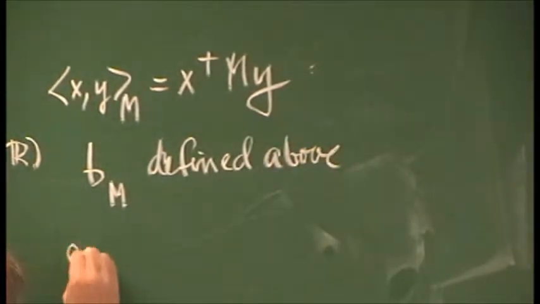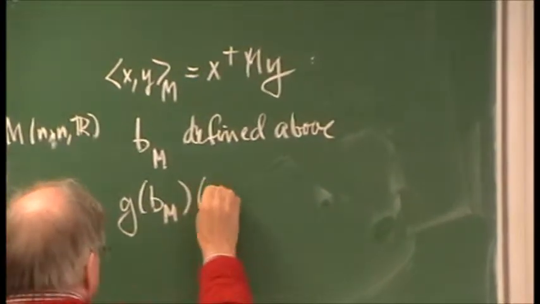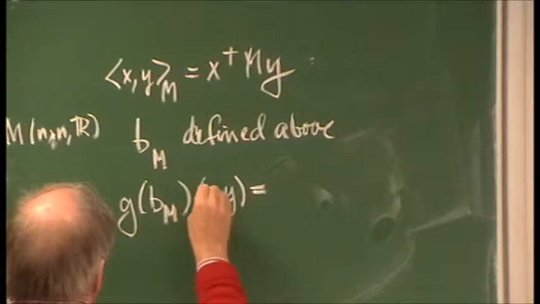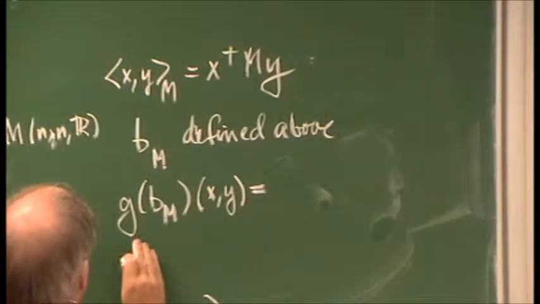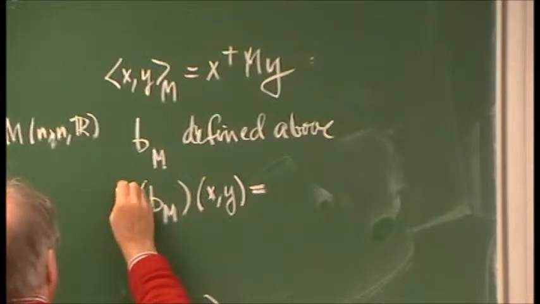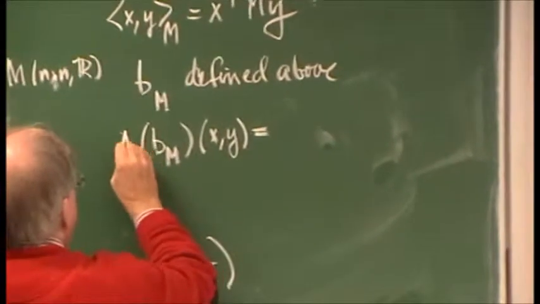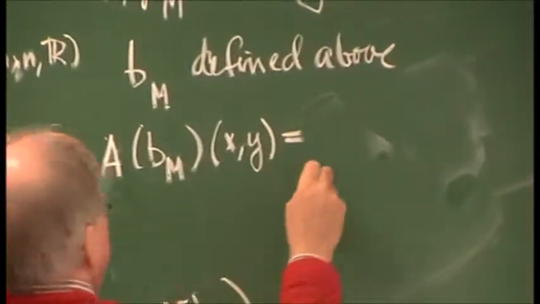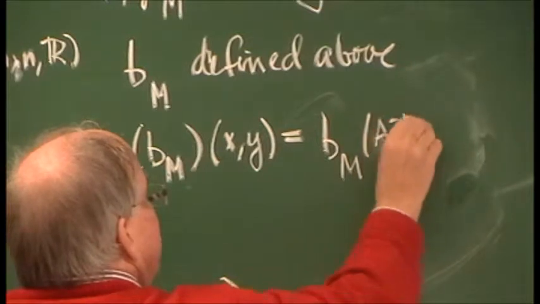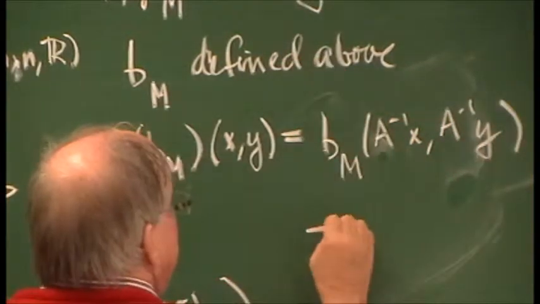So let's see what G of B_M is. G of B_M applied to xy is equal, let's say G is a matrix A in GL(n), so I can write it as a matrix. So A of B_M, I have to put it inside, so that's B_M of A inverse x, A inverse y. Now I have to see what that is.